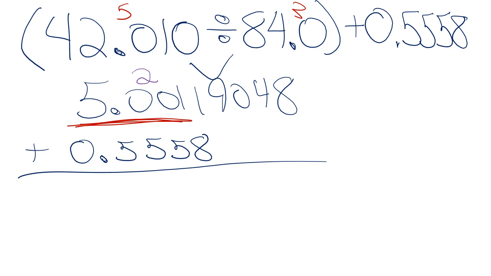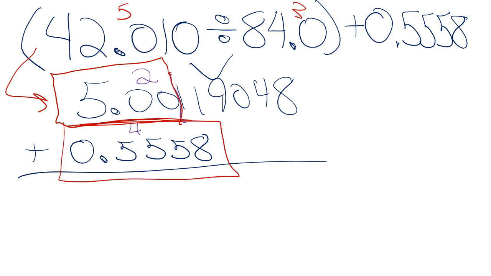The 0.55, so I'm going to draw a box around this here, because that's what this would round to if you were asked the answer to that question. That 0.5558 has 4 after the decimal. Therefore, the final answer should have 2 places after the decimal. We no longer need to count significant figures because we're adding or subtracting.